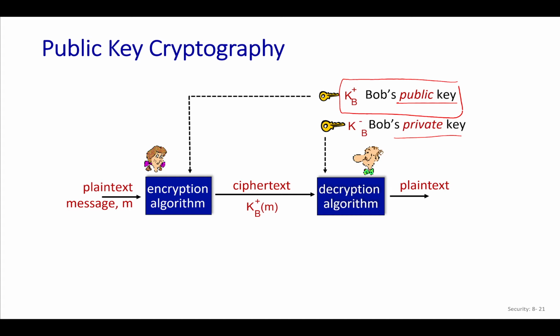So that means you have a key that can be shared everywhere. Everybody can have it, no problem. But everybody who has that key can use it to securely communicate with Bob. And the trick is that this private and public key cancel each other out.